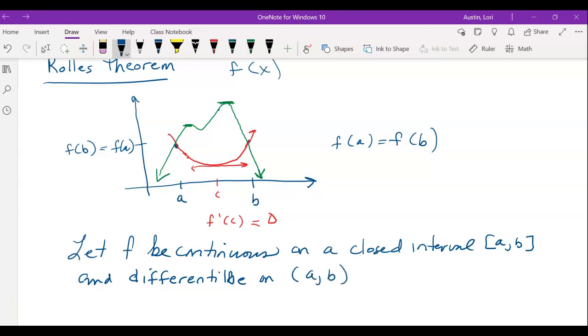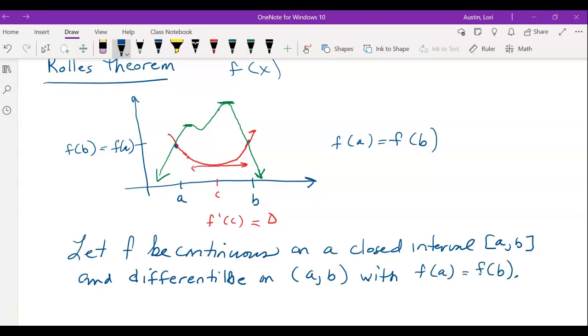So it has to be continuous on the closed interval, differentiable on the open interval. And the other major condition for it to be defined as Rolle's theorem in the first place is f of A equaling f of B.